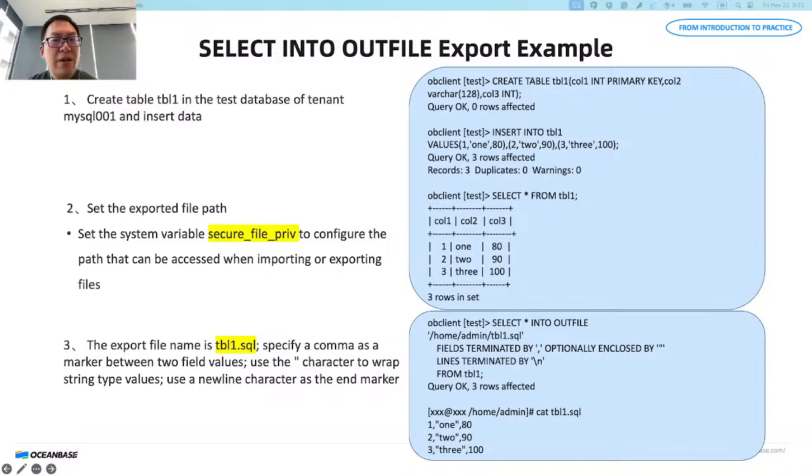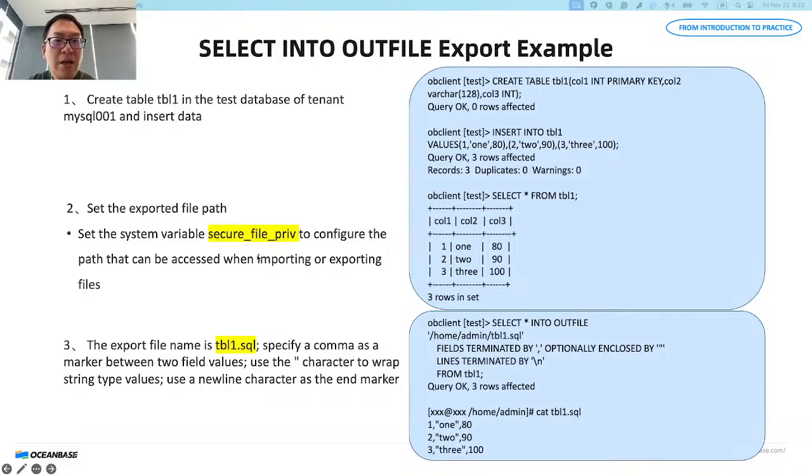Let's first create table1 in the test database of tenant mysql001 and insert data. And then set the exported file path. Here we need to pay attention to setting the system variable.